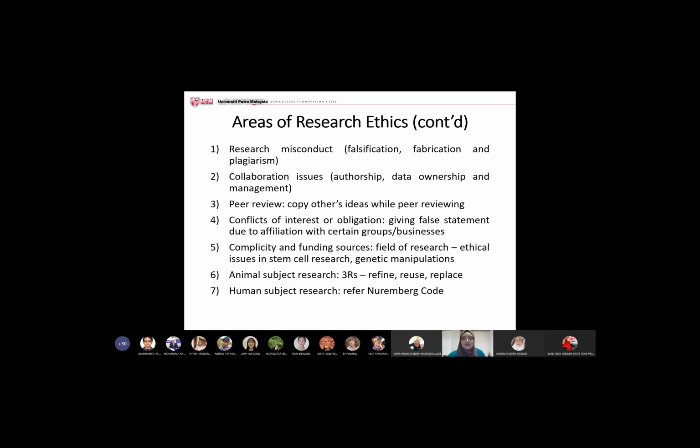Next is complicity and funding sources. This is usually ethical issues related to certain fields. I don't know if you are familiar with stem cell research, but in stem cell research, a lot of ethical issues arise because people are saying stem cell research saves lives, but at the same time, stem cells can only be extracted from live human beings, from your backbone.